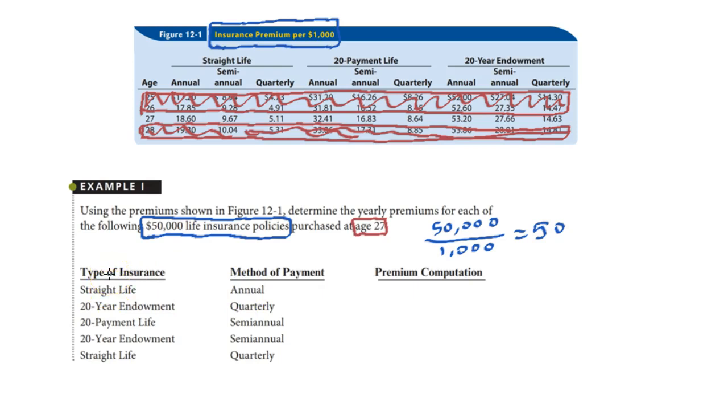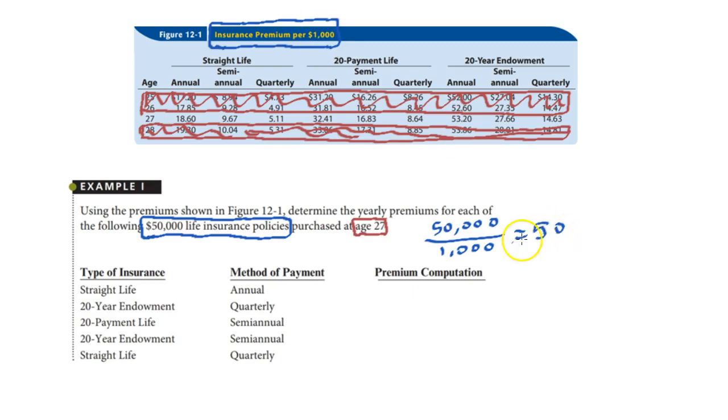So we want to figure out the yearly premium. So if you're paying annually, the yearly premium is just the value we find in here. So annually, straight life, we have, for a 27-year-old, $18.60. So we're only paying once a year, $18.60 per $1,000.